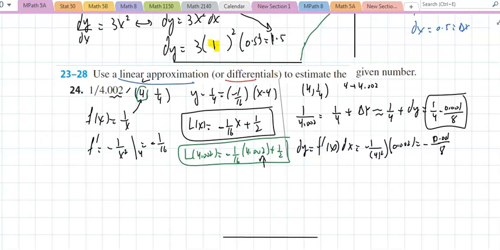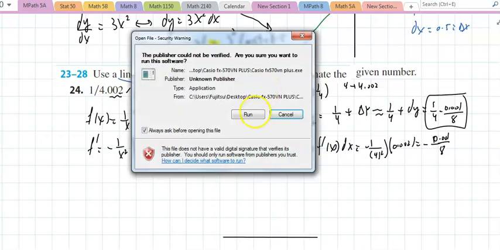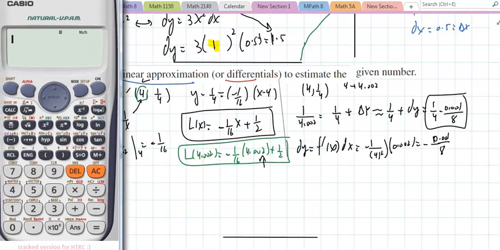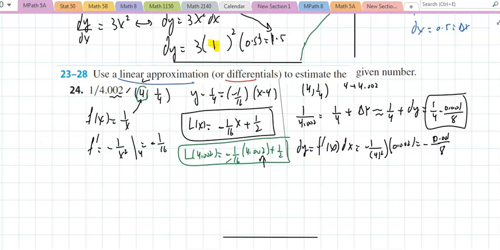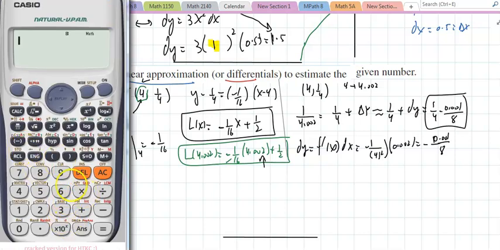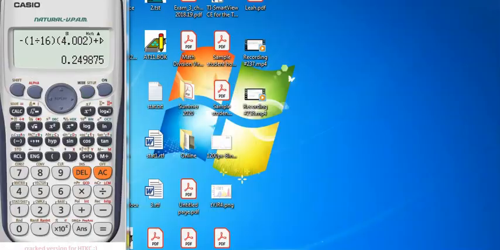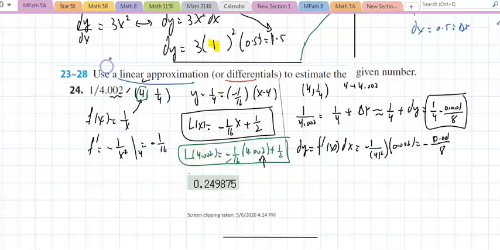And to show those, so this is what one of them gives, this is what the other gives. If I plug this in my calculator, if I take this piece, negative 1 divided by 16 times 4.002 plus 0.5, I'm getting right there.